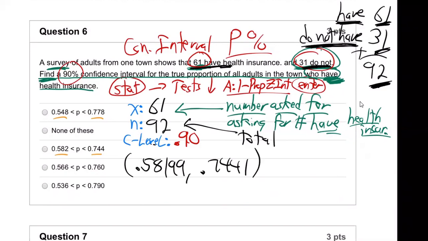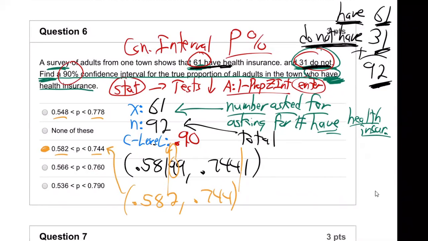Okay, we're supposed to round. Like I said, they're all going 3 places. So chop, chop. So 0.582, right? That 9 rounds us to 0.744. Ah, there it is. That's always reassuring. Sometimes it is none of the above, but not this time. There it is. Does that make sense?